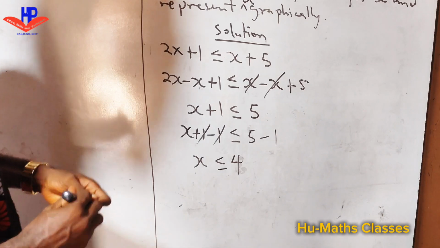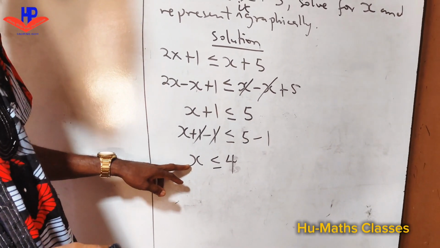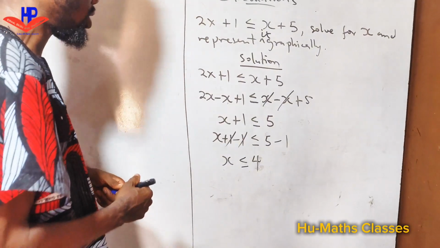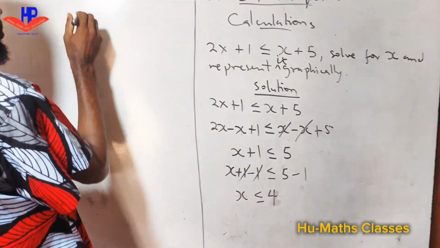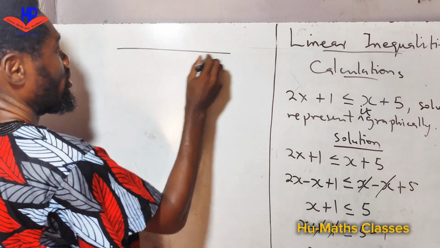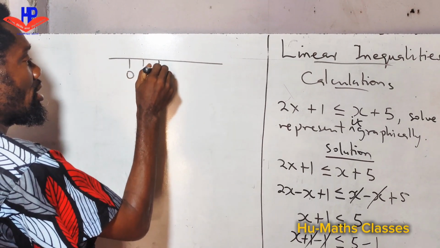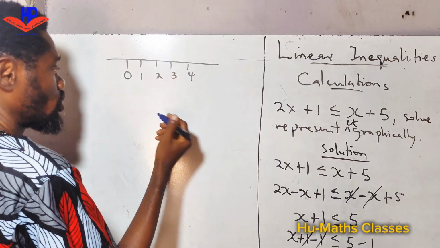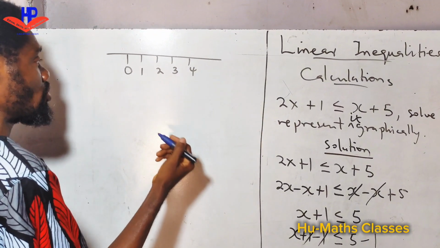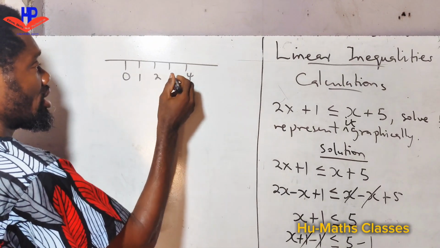And this is an example of an inclusive inequality. So you draw your line and present that on your line: put your center or origin, then 1, 2, 3, and 4. I'll give two methods or two types of graphs you can use in our discourse of this topic.